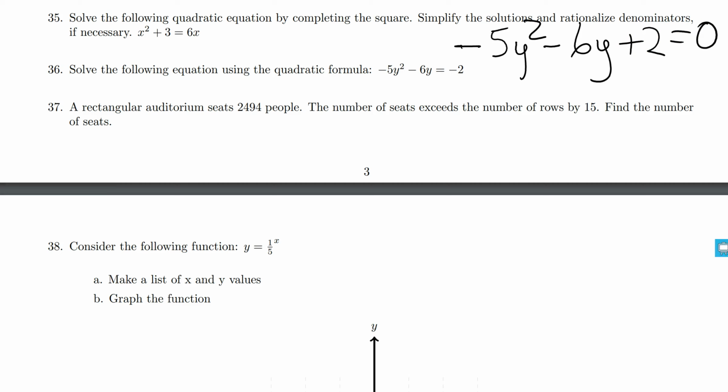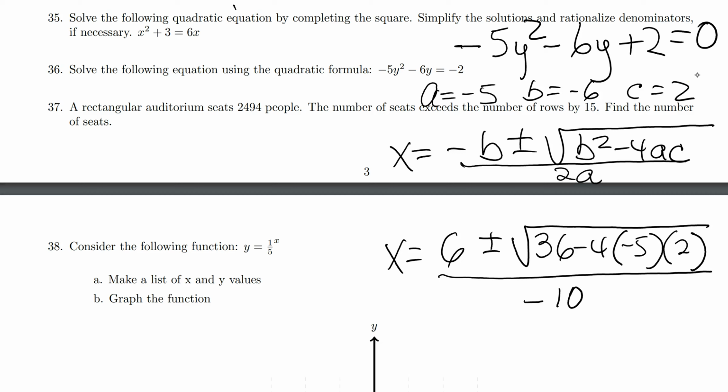So let's get our next values here. Okay, so once we have put it in standard form, we can identify our A term, our B term, and our C term. Then there's the quadratic formula. So our B term is -6.